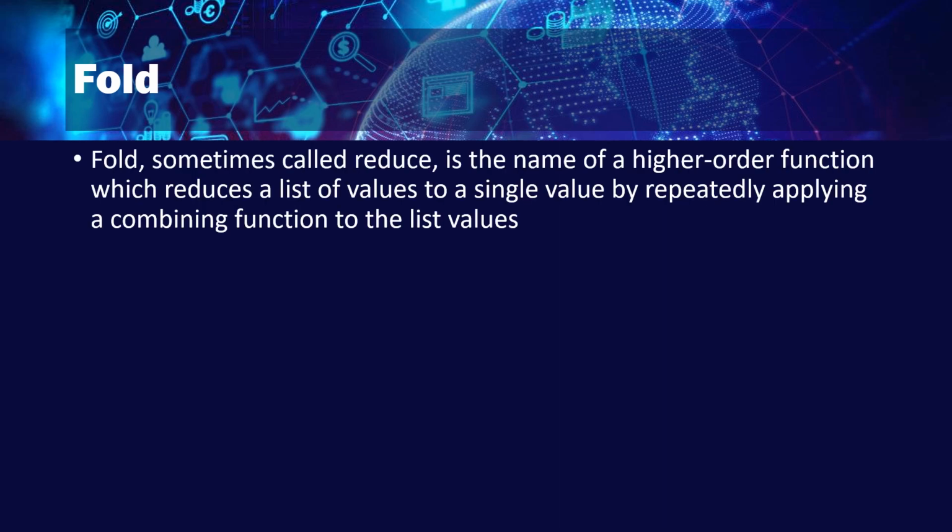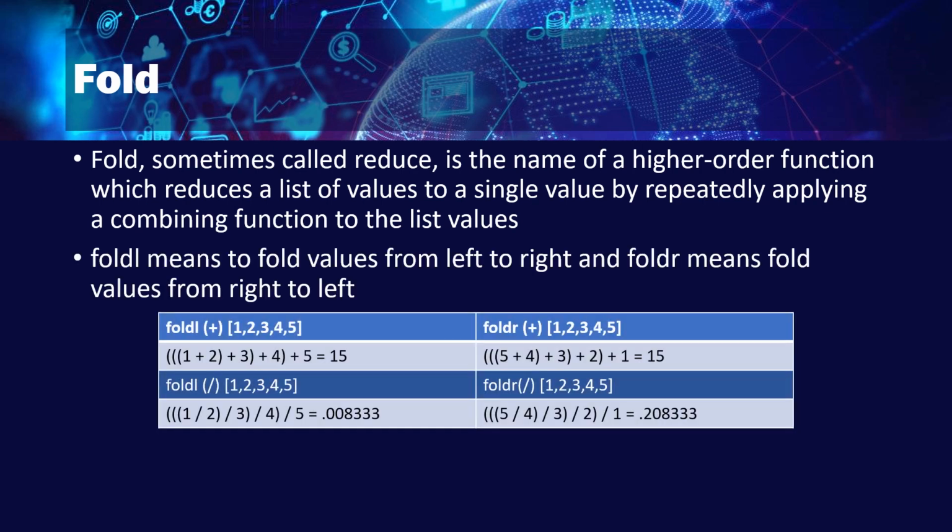Fold, sometimes called reduce, is the name of a higher order function which reduces a list of values to a single value by repeatedly applying a combining function to the list values. Fold L means to fold values from left to right, and fold R means to fold values from right to left.